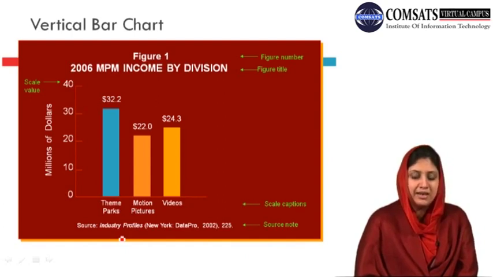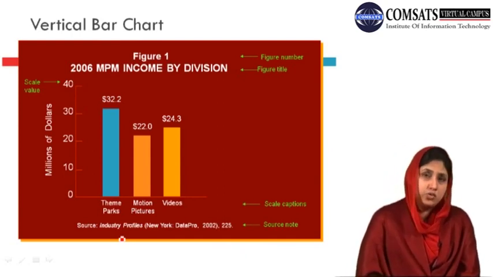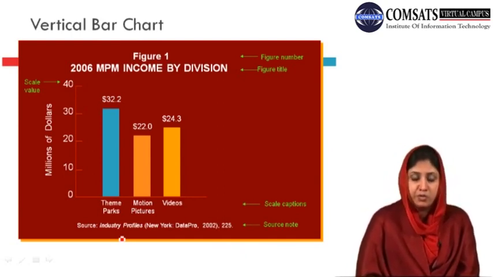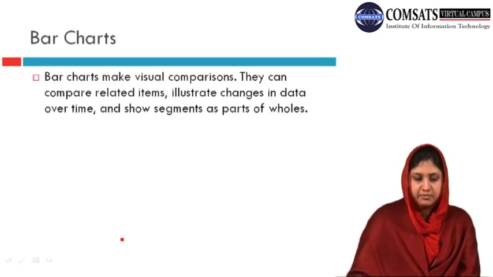This gives you a very clear idea that theme parks are generating more income than motion pictures and video in a particular year, that is 2006. The source note at the bottom gives you an idea where this has been taken from. If you are copying some material, you always need to provide a source to avoid plagiarism. So that is how you read a bar chart.